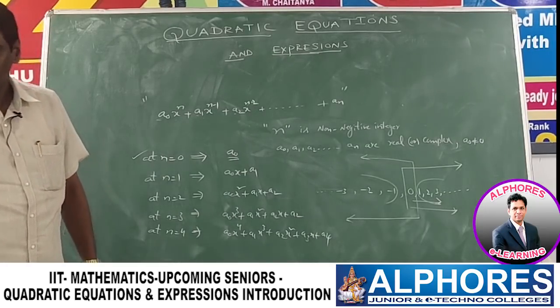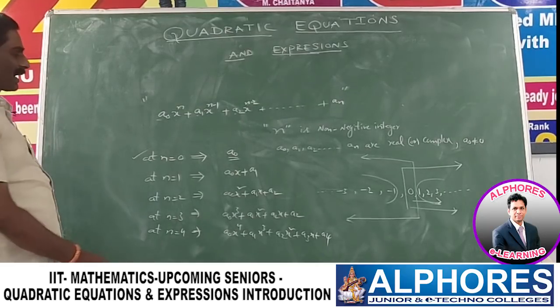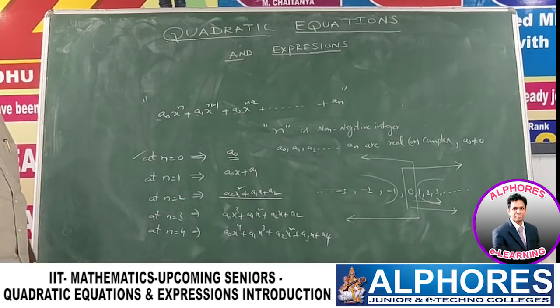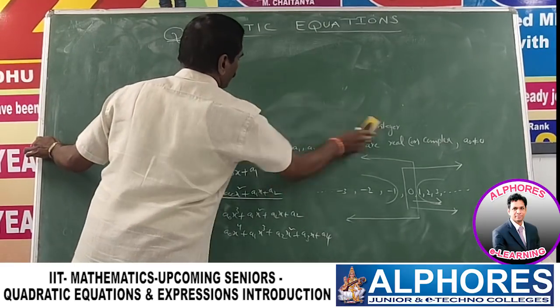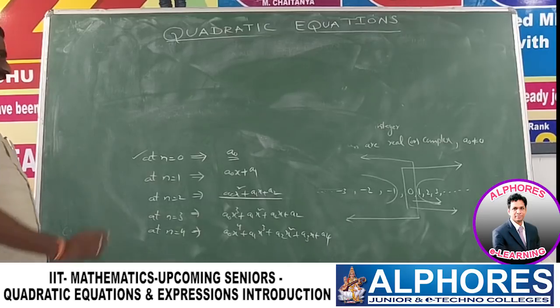Now we are going to quadratic expression. The quadratic expression is in the form of a0x square plus a1x plus a2. What is the standard form of the quadratic expression?